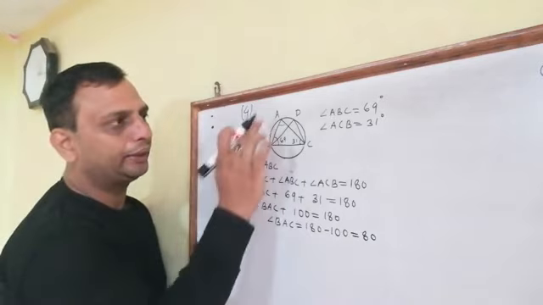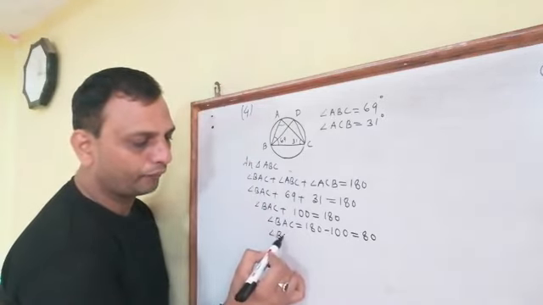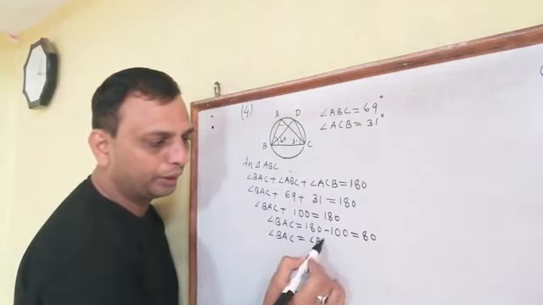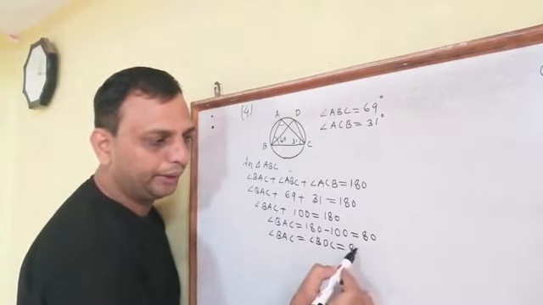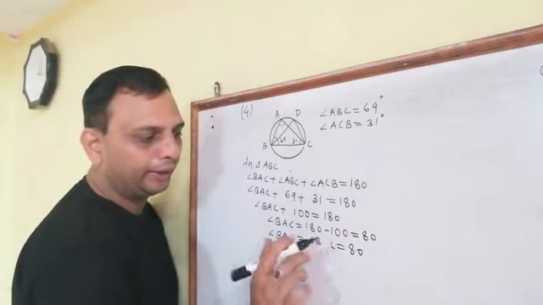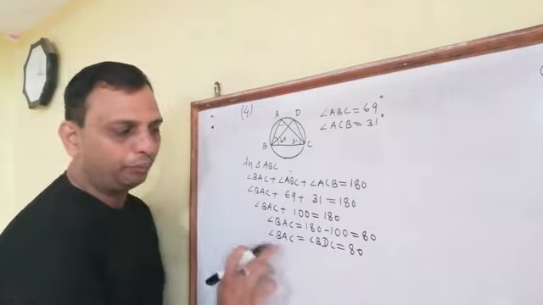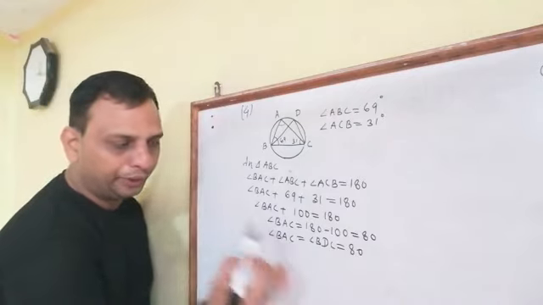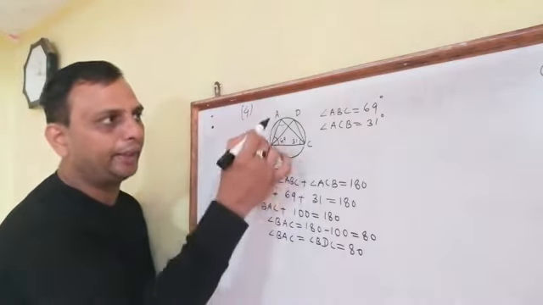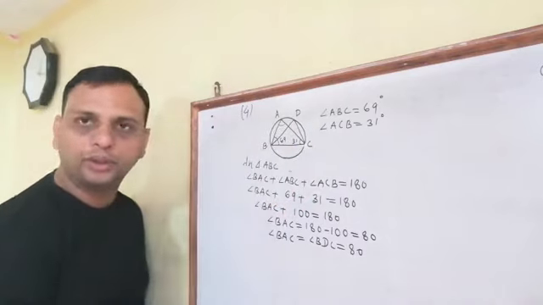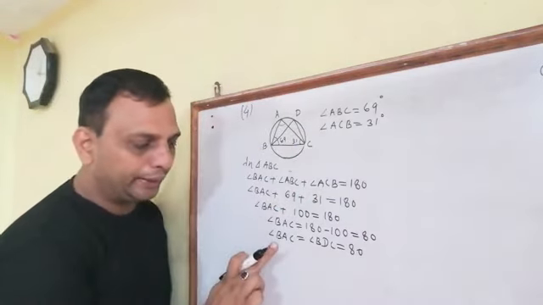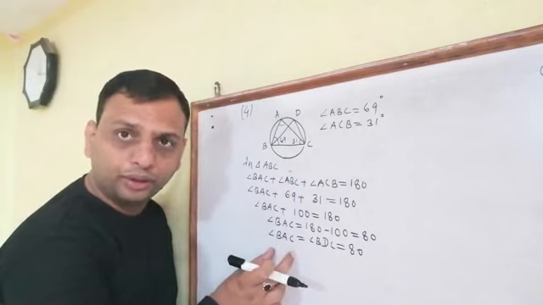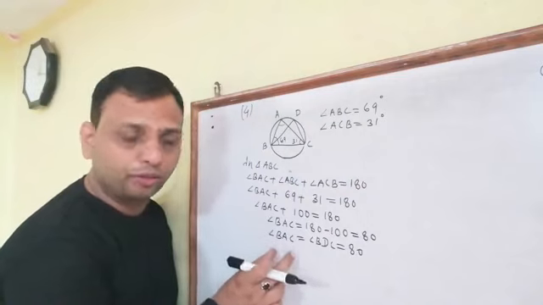Now this BAC and BDC are both equal, and they will be equal to 80 degrees. Now you may be thinking why they are equal. By using the theorem angle in the same segment, which I told you in the previous class, BC is the segment, and A and D are formed on the circumference of the circle. Segment means the angle is formed with the chord and the angle should be on the circumference of the circle.